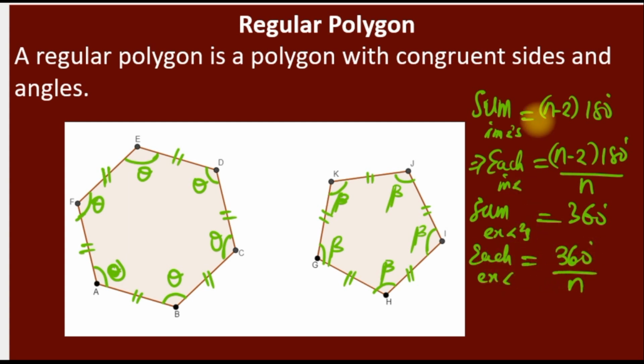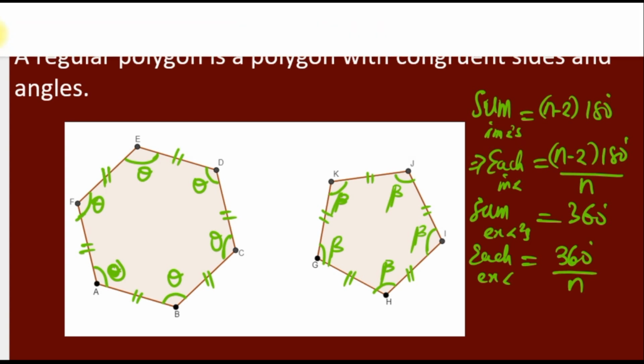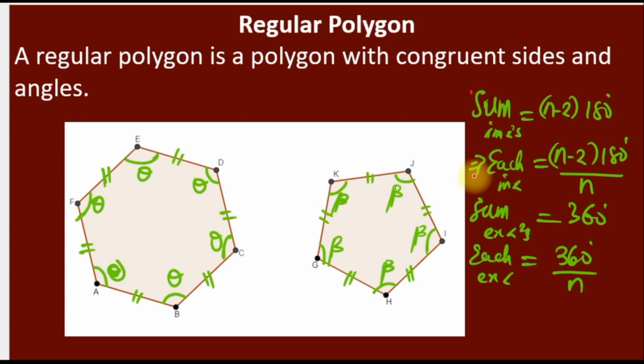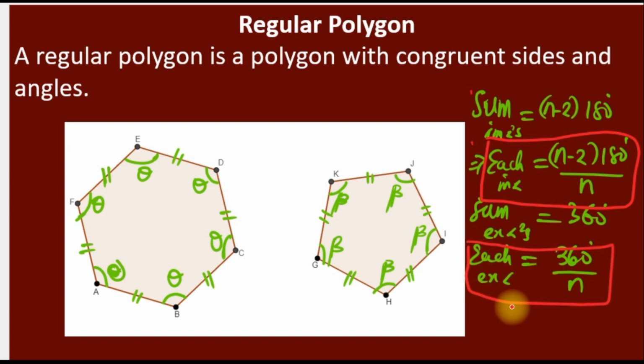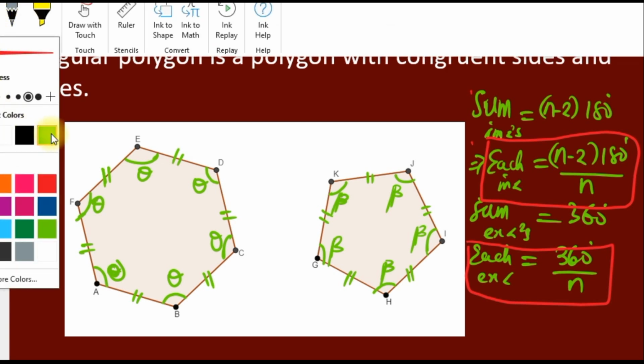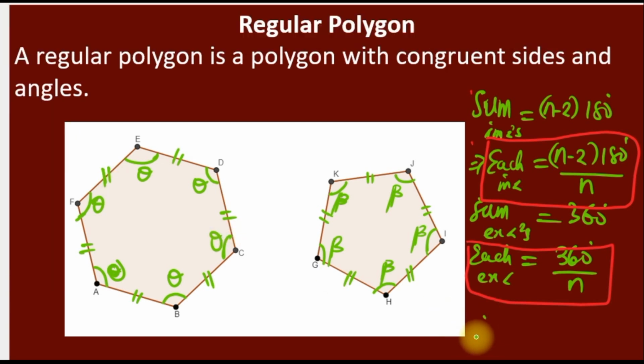So that's another formula. So how many formulas do we have now? We have 2. Most questions will come this way. And also, finally, the central angle, the angle formed at the center, is always equal to the exterior angle.